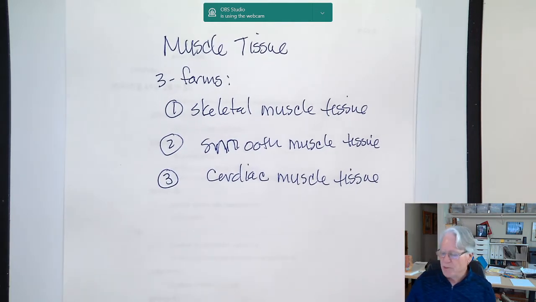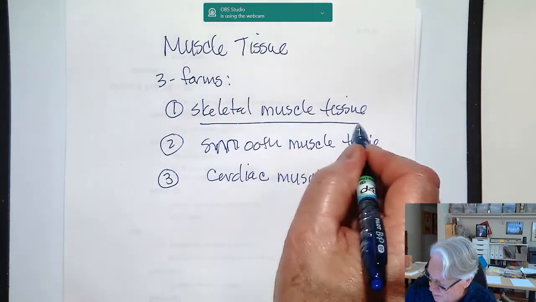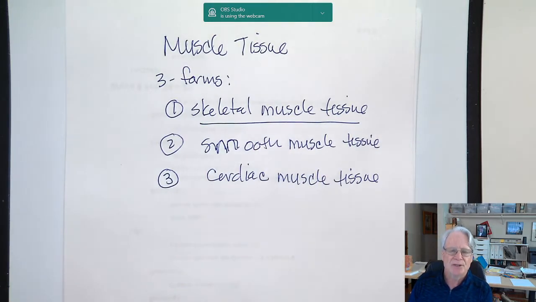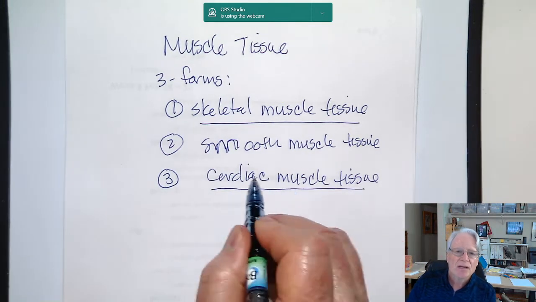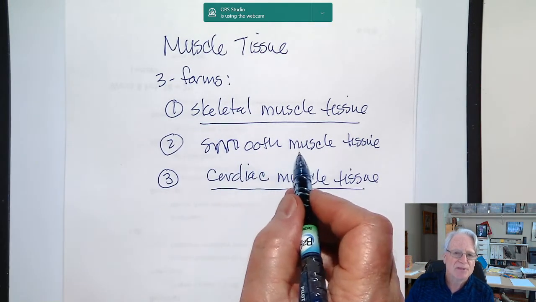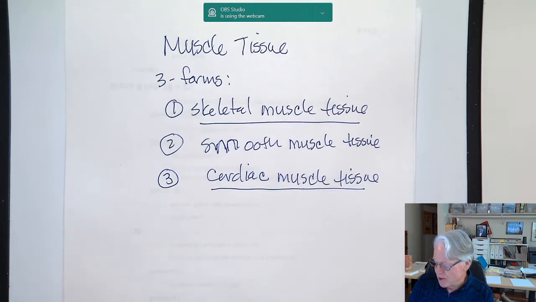So we spend a whole chapter talking mostly about skeletal muscle tissue. There's a whole chapter on cardiac muscle tissue. We don't give smooth muscle tissue much discussion, unfortunately, and really that's mostly just because of the time factor.